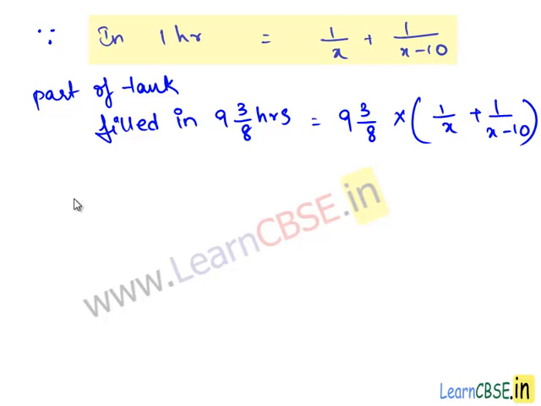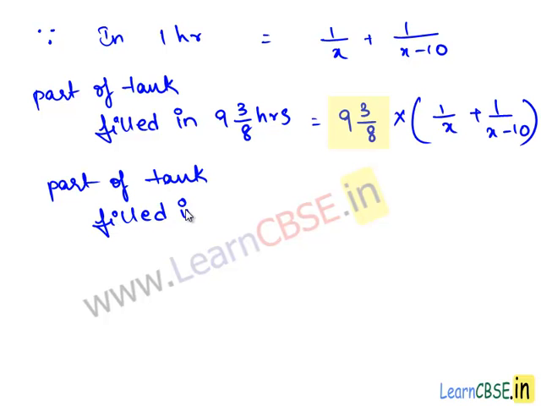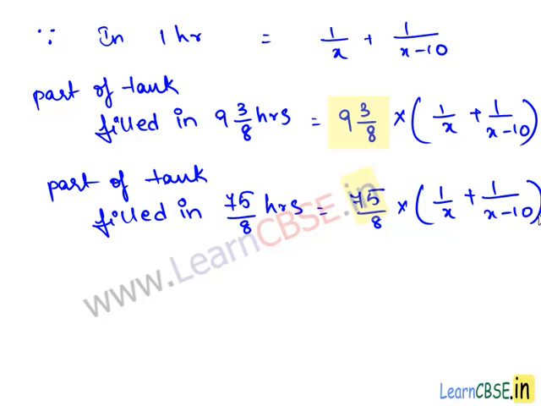On converting 9 3 by 8 into its improper fraction, we have the part of the tank filled in 75 by 8 hours is equal to 75 by 8 multiplied by 1 by x plus 1 by x minus 10.